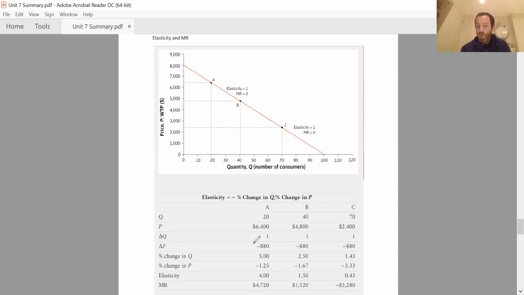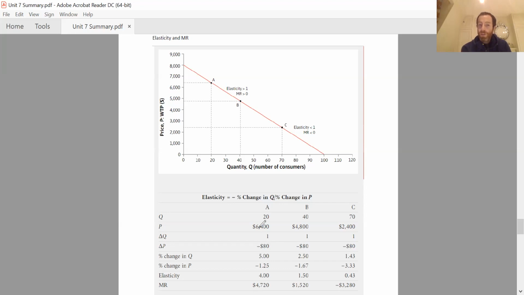So let's use these four numbers to think about percentage changes. For the percentage change in quantity, we want the change in quantity divided by the original. The change in quantity is 1, divided by the original, 1 over 20, which gives us 0.05. We multiply by 100, and that gives us 5%. We can do a similar thing for the percentage change in price. The change in price is 80.